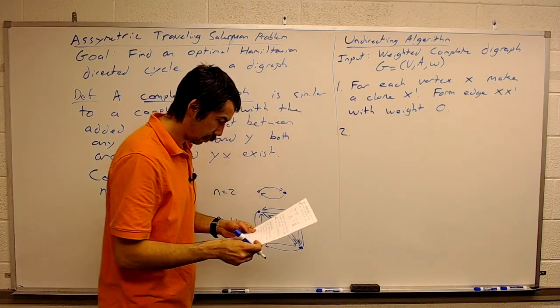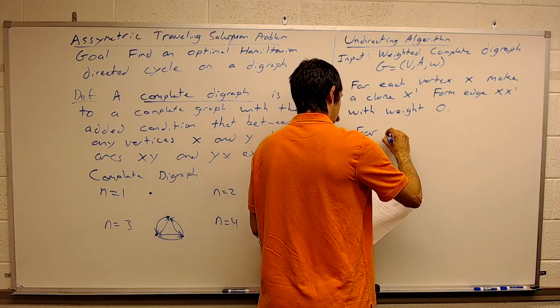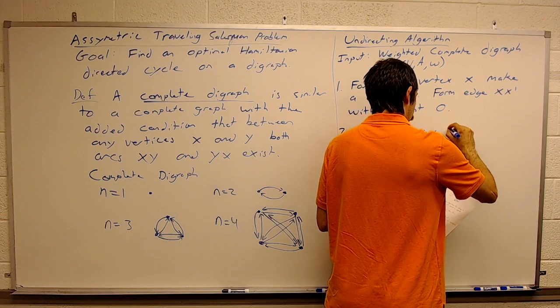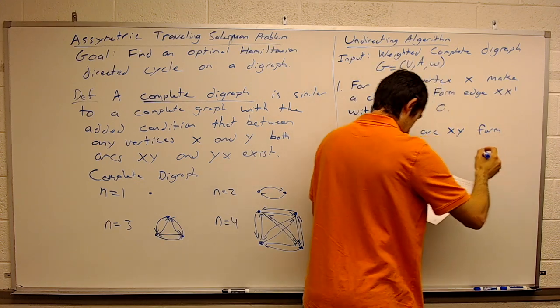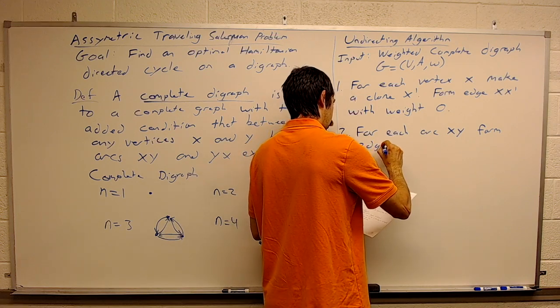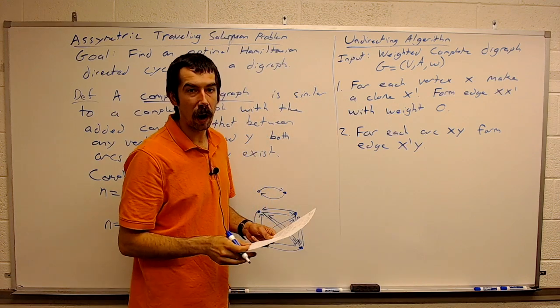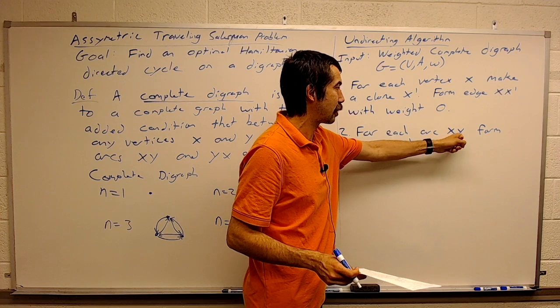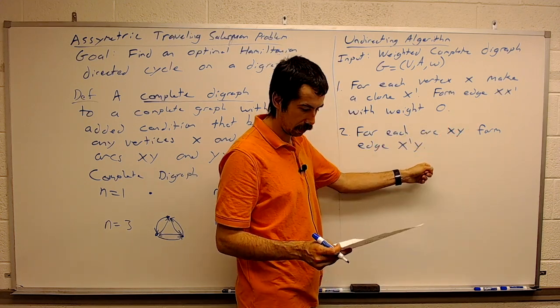Step 2. For each arc xy, form an edge x prime y. Okay, so if the arc goes from x to y, in our new graph we're going to have an edge from x prime to y.